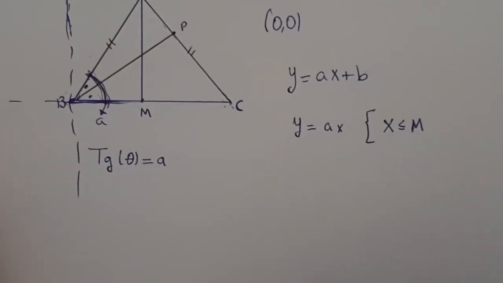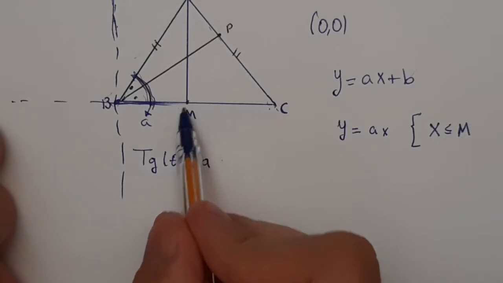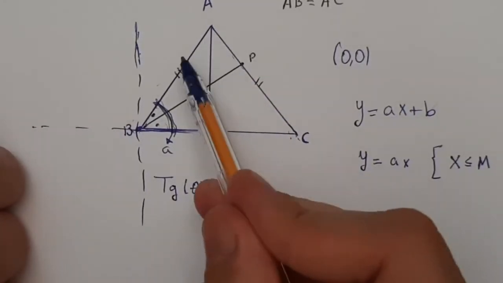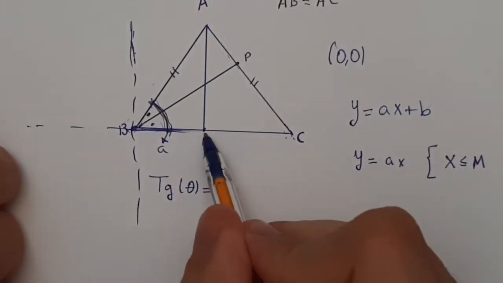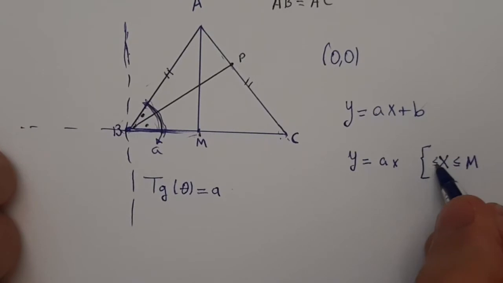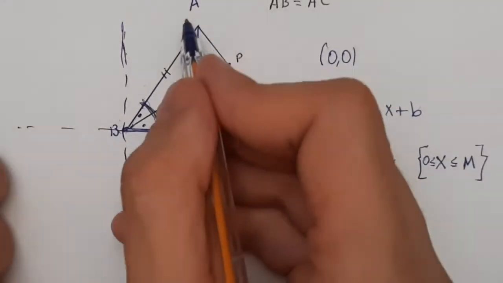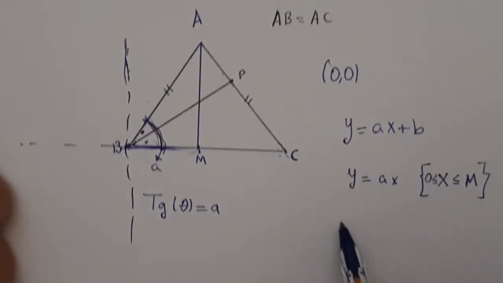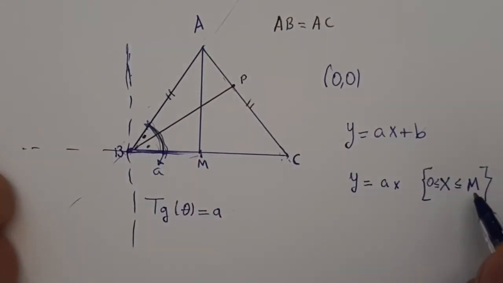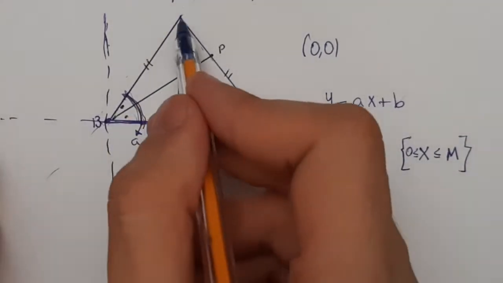What is m? m is this point over here, the median point. So I only want this line over here to exist for x smaller than m, and you can say bigger or equal to 0, because the line y equals ax would be continuous over there, but we only want this part over here. So this is for the first line.